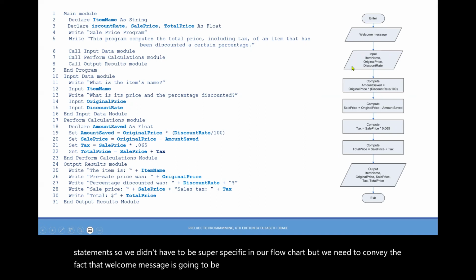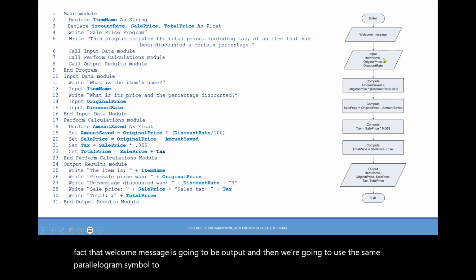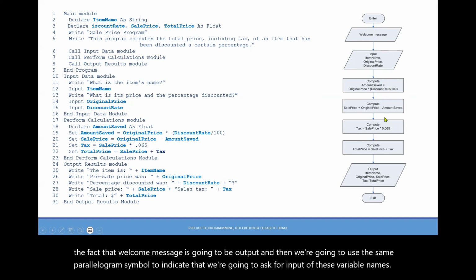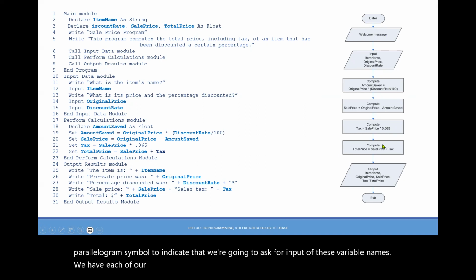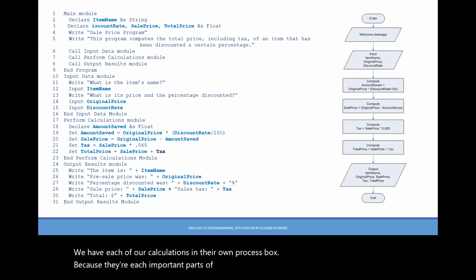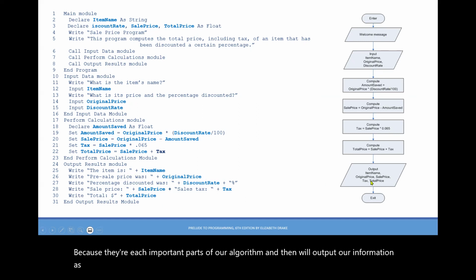And then we're going to use the same parallelogram symbol to indicate that we're going to ask for input of these variable names. We'll have each of our calculations in their own process box because they're each important parts of our algorithm. And then we'll output our information as required in our output module.